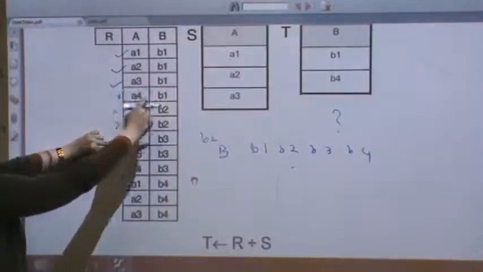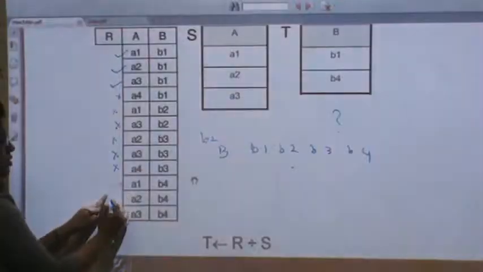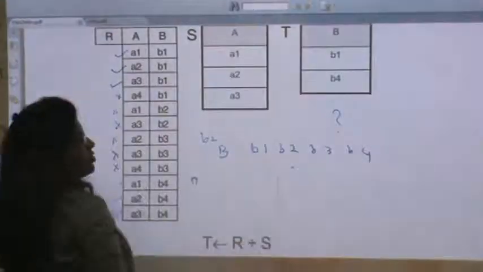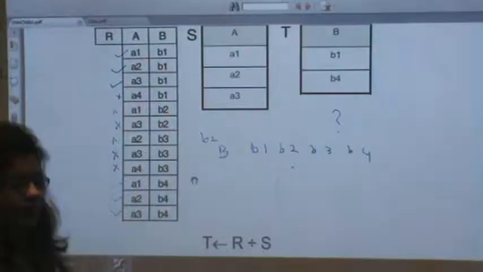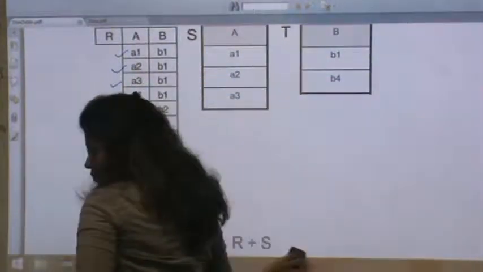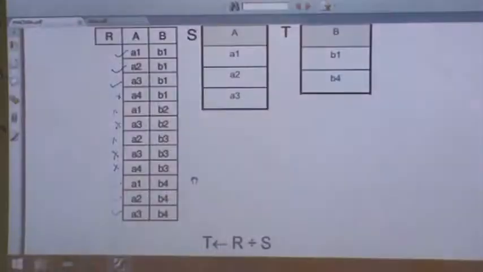For B3, there's no A1, so B3 also has no value. Only these three things are there for B4, so there is this one. I hope it's clear, because he will give more difficult ones in your exam. So page number 39, very important.